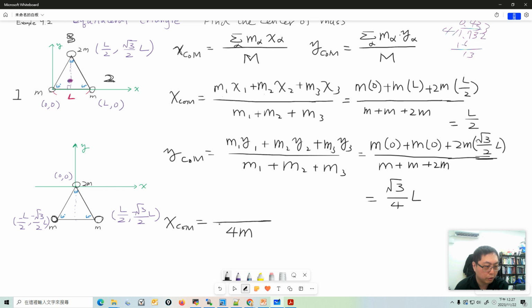So let's calculate x COM, the same thing. This is particle 1, this is particle 2, and this is particle 3. The mass of particle 1 is m, and its coordinate is minus L over 2, m times minus L over 2, plus m times L over 2, plus the third particle, 2m times 0.